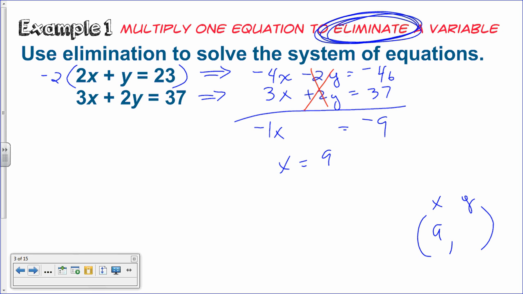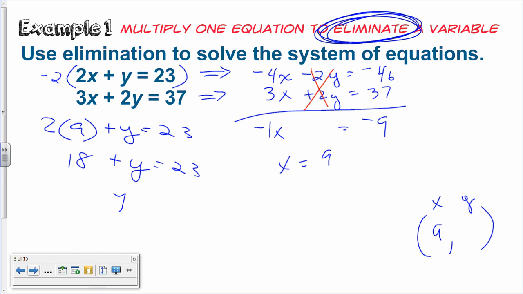I'm finding y, right? y is almost kind of by itself, or will be, with minimal steps. Okay, so 2 times 9 plus y equals 23. y equals 5. Very good. That's it? Yes. Any questions?